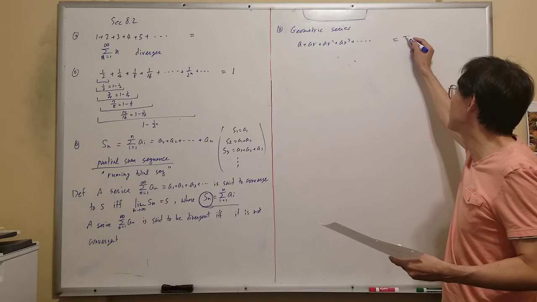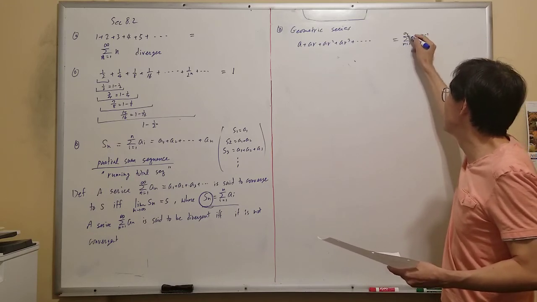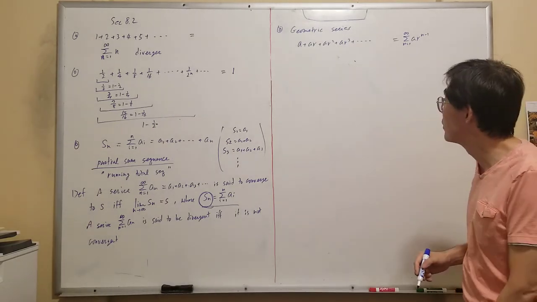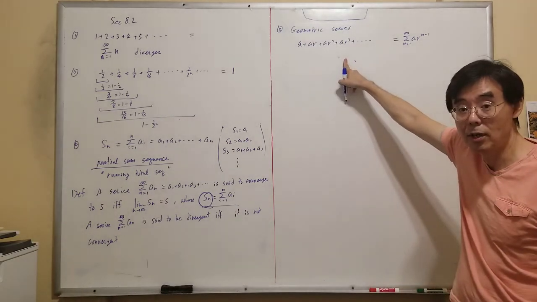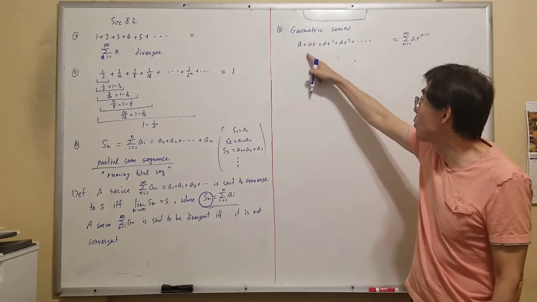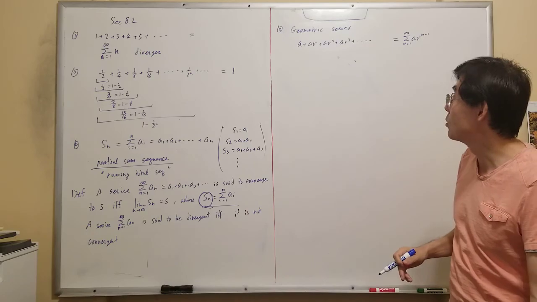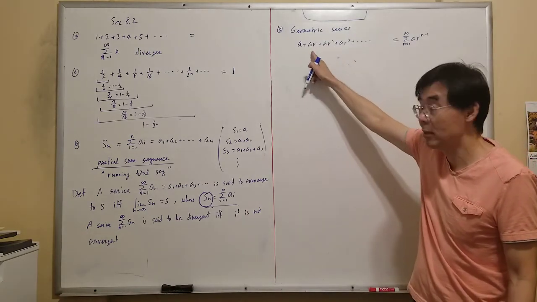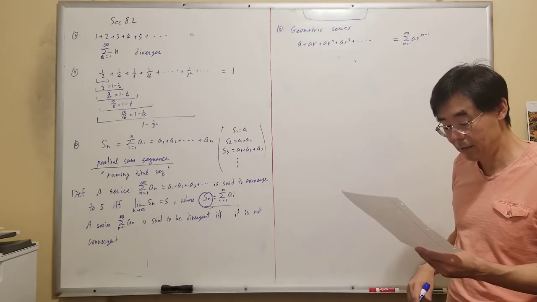So we want to consider convergence of this infinite geometric series. The first term is A, the common ratio is R, right? In order to get the next term, you have to keep multiplying by the common ratio R. Or the next term divided by the previous term is always the constant R.